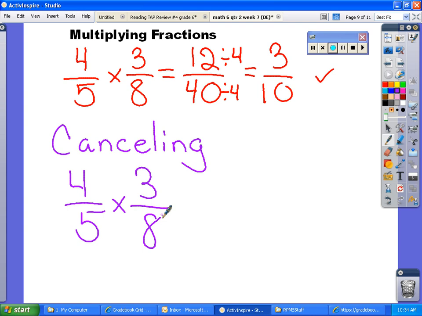So I see the 4 and the 8 having a common factor, which would be 4. So 4 divided by 4 would be 1. 8 divided by 4 would be 2. So I'm going to go ahead and multiply. 1 times 3 equals 3. 5 times 2 equals 10.